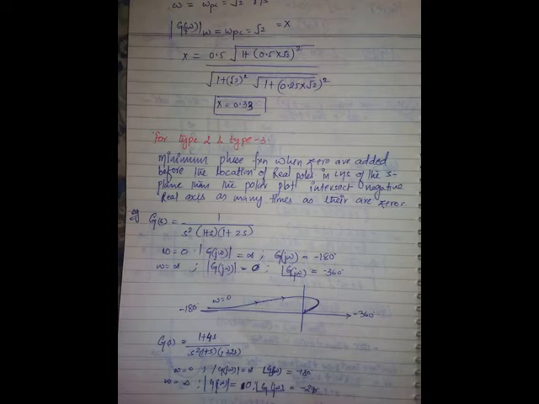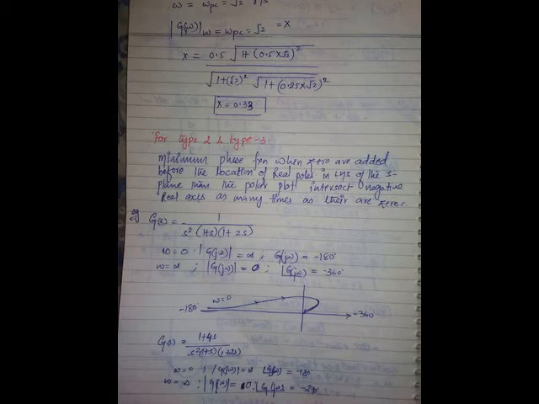Find what is the magnitude and angle. Magnitude: magnitude of minus 0.5 is 0.5, root of 1 plus 0.5 omega whole square, over root of 1 plus omega square, root of 1 plus 0.25 omega whole square. This is the magnitude. Find what is the phase angle. Phase angle of minus 0.5 is how much? Minus 180.